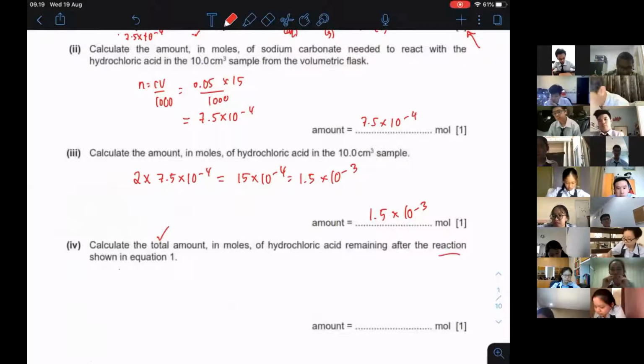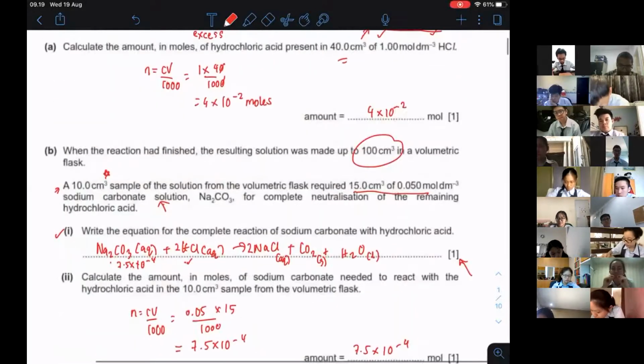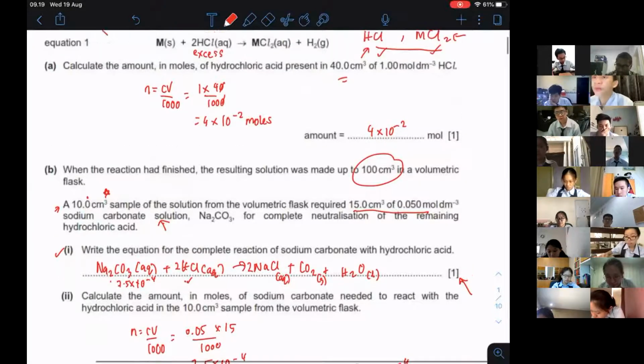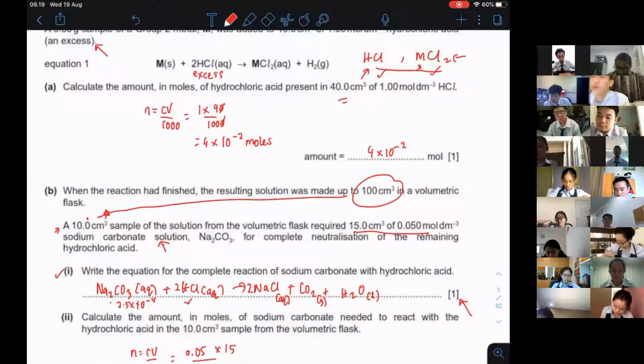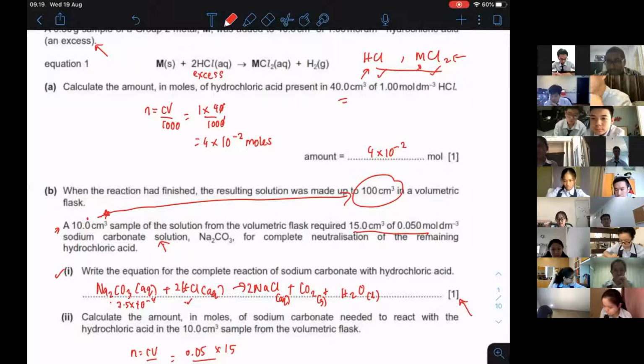It means that we have calculated for 10 cm cube. After reaction 1, you need to go back to where you changed it to 100. It means you only took a small portion of that 100, so you need to convert it back to 100.